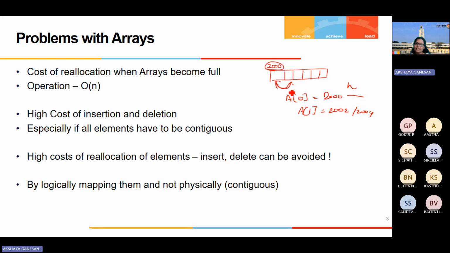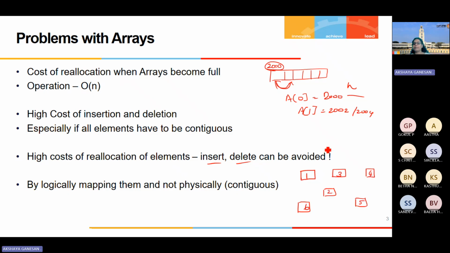But because they are physically together, to do insertion and deletion we have to do a lot of reallocation. So the option is, what if I don't locate them physically together? Say I have them randomly placed: this is the first block, second block, third block.